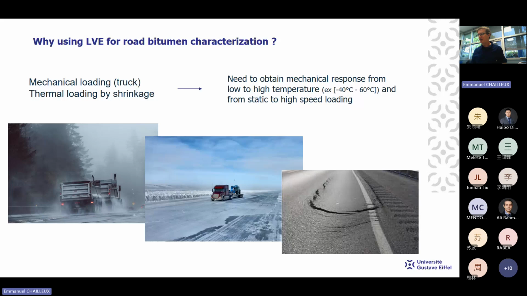When we have a difference in temperature across the material, a different type of stress is created by the different dilatation or shrinkage coefficients between binder and aggregate, but also between layers.